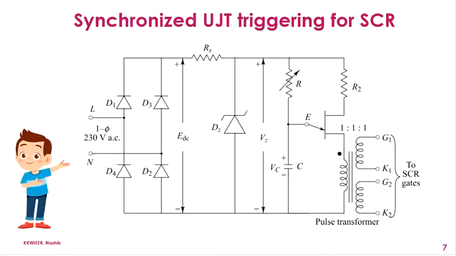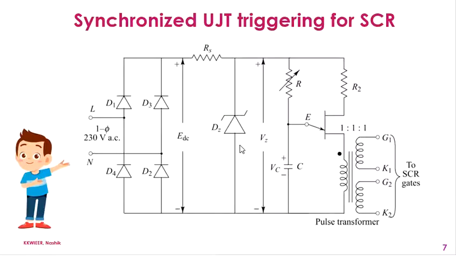So in this synchronized UJT trigger circuit, the diodes D1, D2, D3 and D4 rectify AC to DC. The output of it is denoted as EDC. So to lower the value of this EDC, the resistance RS is connected over here for Zener diode or UJT.